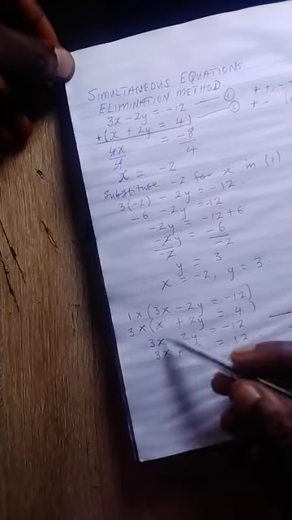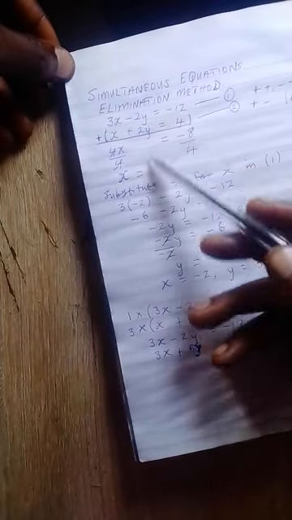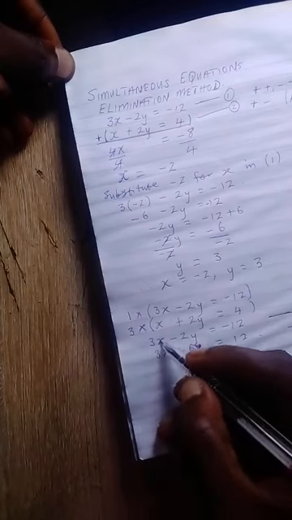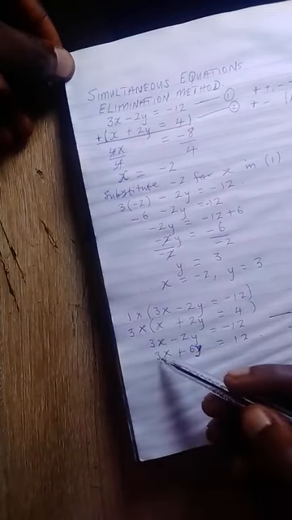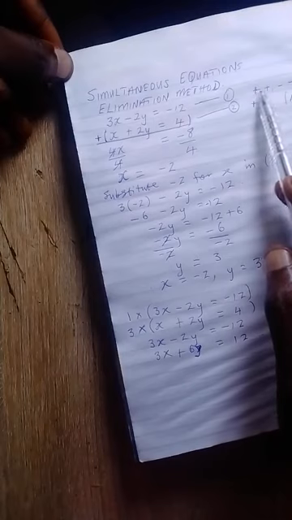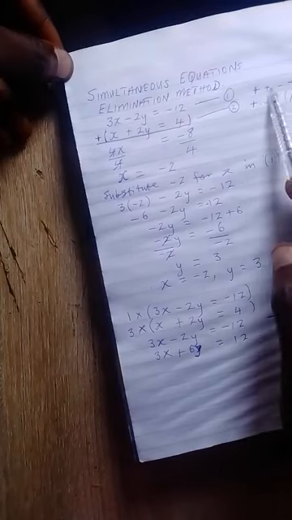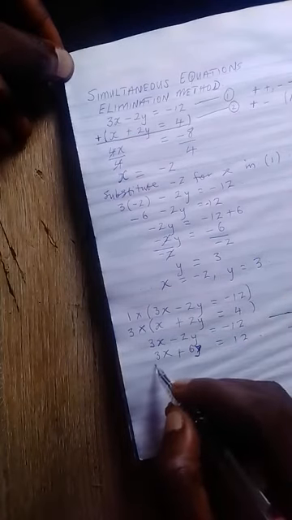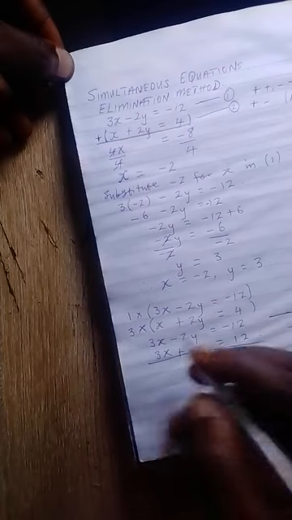We call this one equation 3 and this one equation 4. Now the coefficient of x in equation 3 is positive, and in equation 4 it is also positive. And I said if you have plus plus or minus minus, you subtract. So let us subtract so that we can eliminate x.